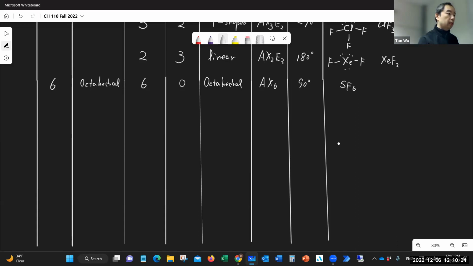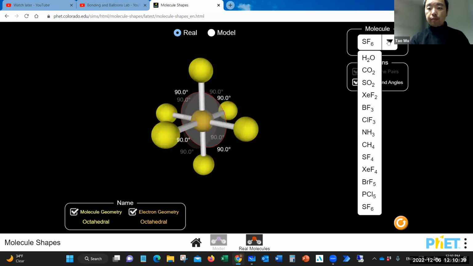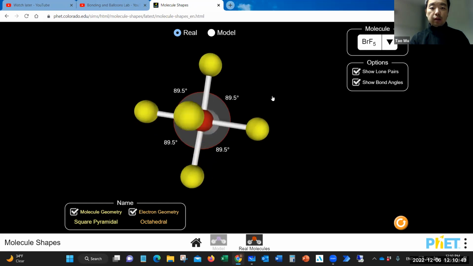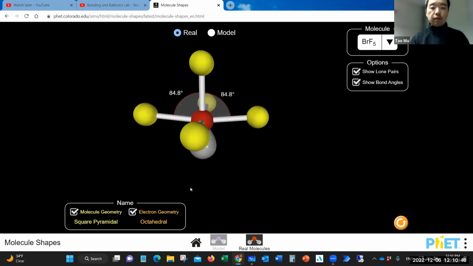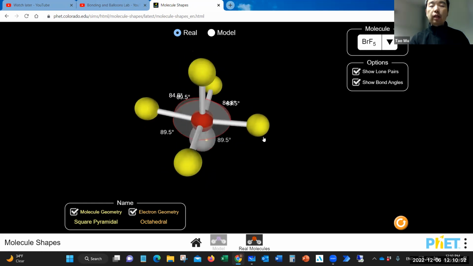It's pretty complicated. So if we have 5 bonding domains and just one lone pair, then the name is square pyramidal, like BrF5. The reason it's called square pyramidal is that it's like the pyramid in Egypt.